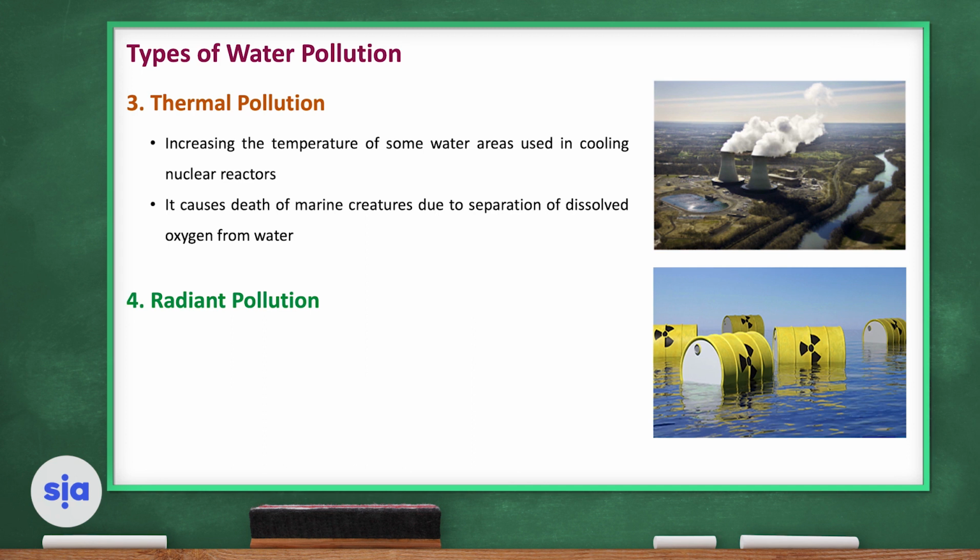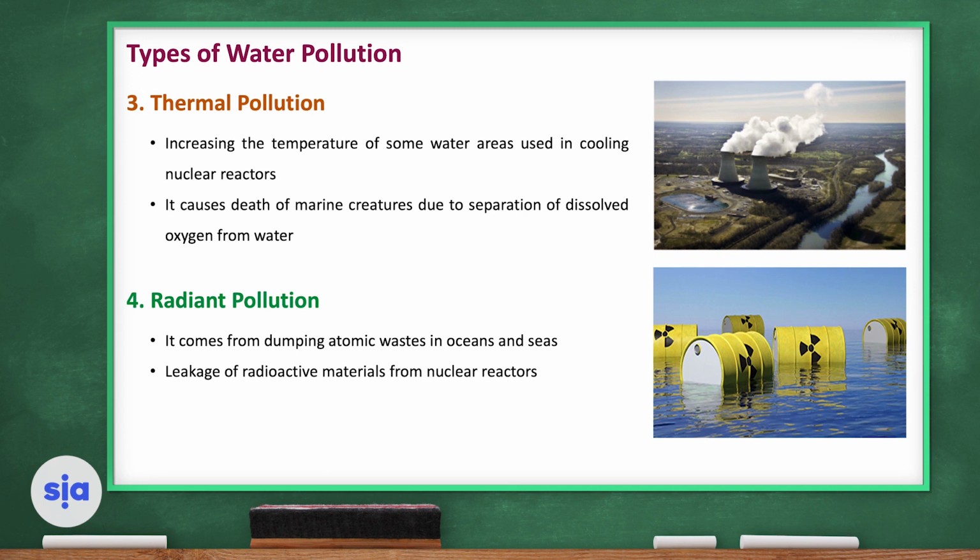The fourth type is called radiant pollution, and this comes from dumping atomic wastes in oceans and seas, radioactive materials. The other cause is leakage of these materials from nuclear reactors. This causes the increase in levels of cancer disease.